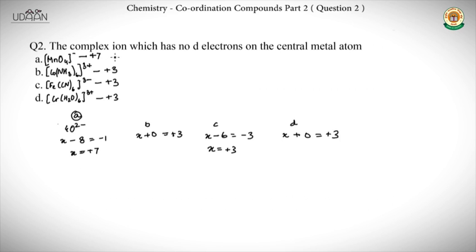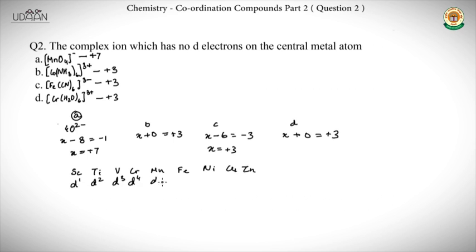Now we have to check what are the electrons left. Basically the d group elements. So this is d1, d2, d3.